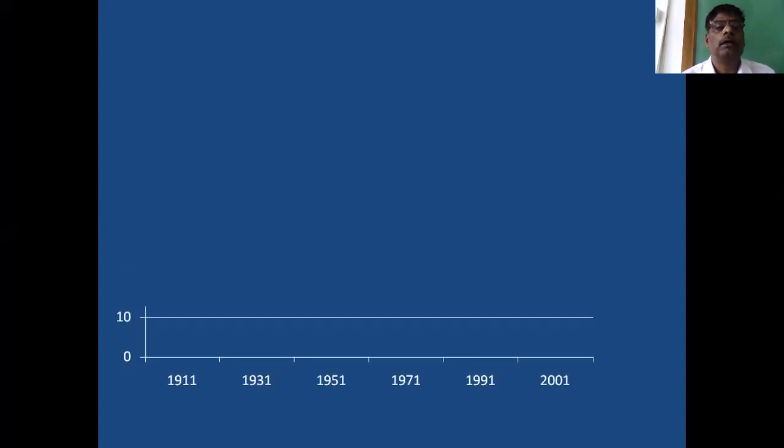This is the graph which shows the literacy percentage. You write the heading: graph showing literacy percentage, multiple bar diagram. Then you draw the graph.